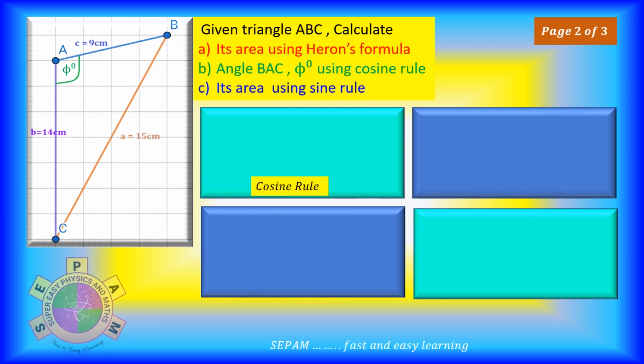So let's look at the B part of the question. Calculate the angle BAC, psi, using the cosine rule. This is the cosine rule we are going to use.